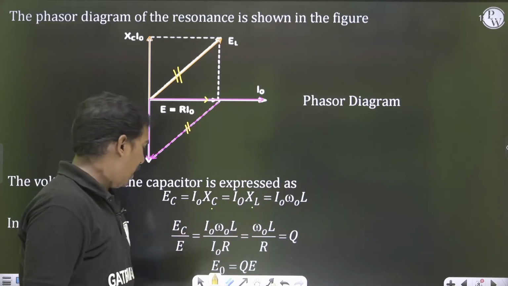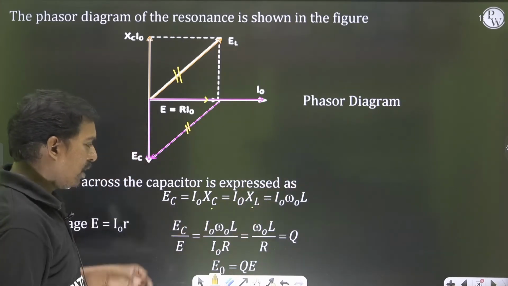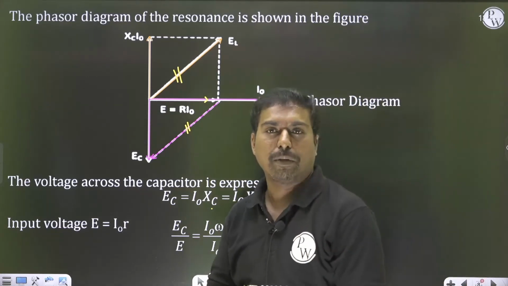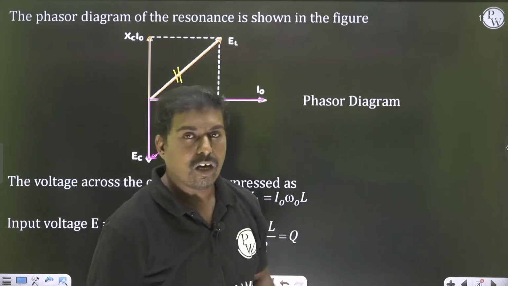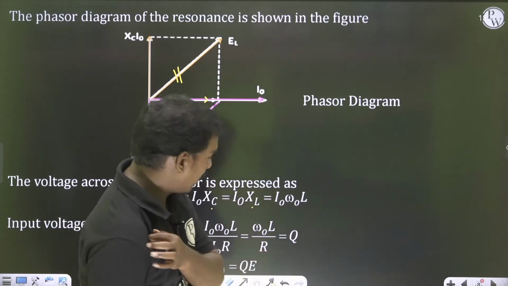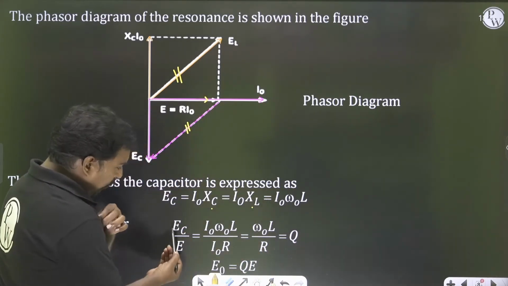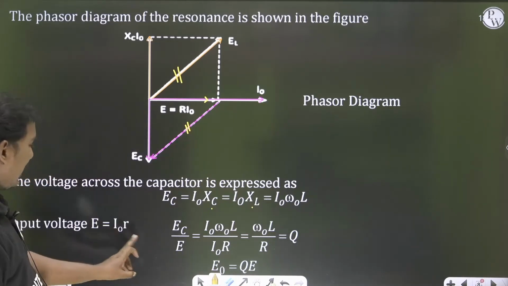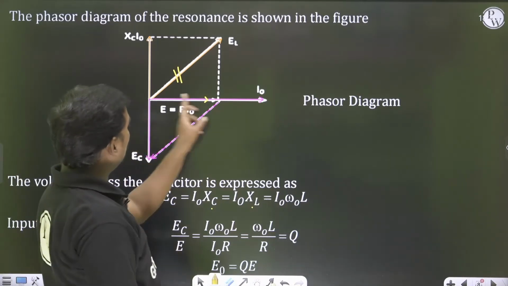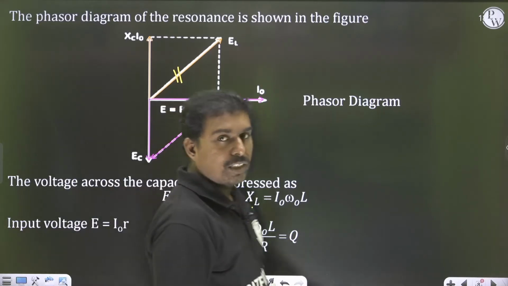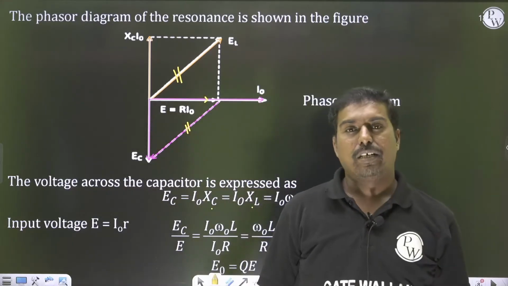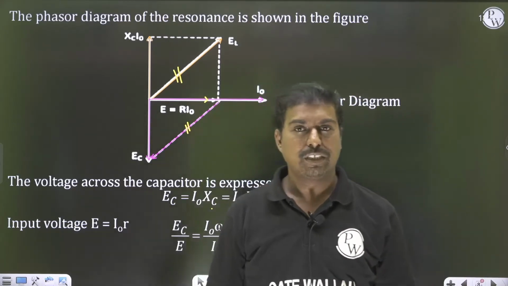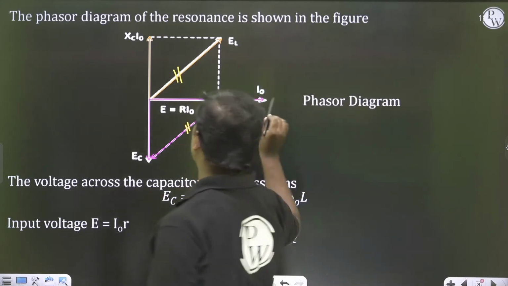XL is equal to omega L. Now, the most important point I want to tell you is how to find out the Q factor of a particular circuit. If you take the ratio of the voltage across the capacitor to the voltage of the supply, because at resonance, the output voltage is going to become R into I. At resonance, the output voltage is equal to the supply voltage, which is a pure resistive circuit, R into I naught.